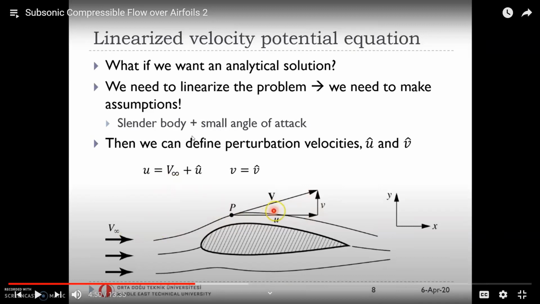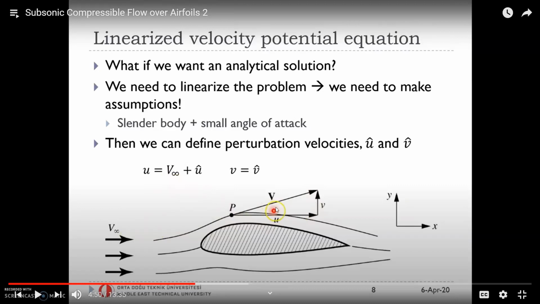So under these conditions, thin geometry plus small angle of attack, the disturbances, or perturbation velocities as we also say here, will be small. So the original velocity field, which is V infinity along x and zero along y, will be perturbed a little bit, by u hat at any point p in the x direction, and by v hat along the y direction. So this is called small perturbation theory.